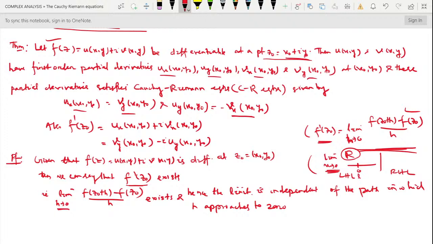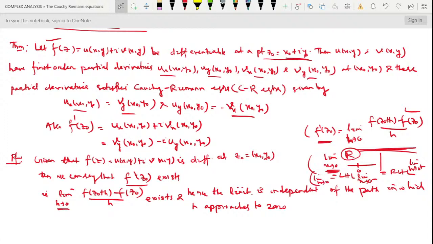In the left hand limit you take x goes to 0 minus, and in the right hand limit you take h goes to 0 plus. If the left hand limit and right hand limit are equal, then you can say that the limit as h goes to 0 exists.